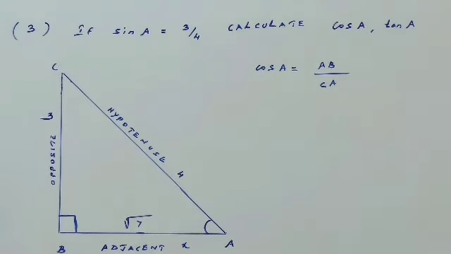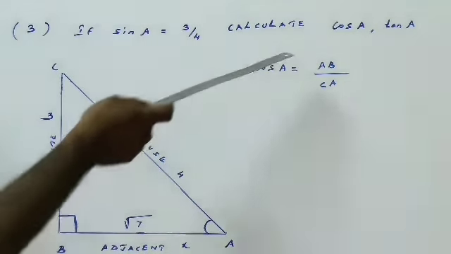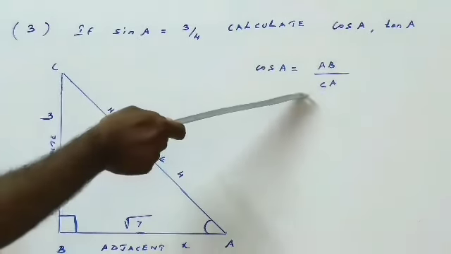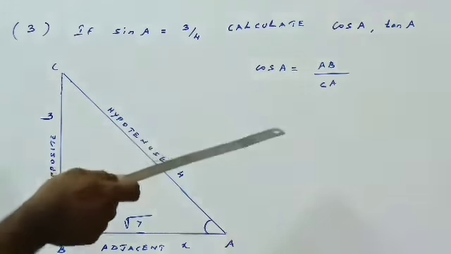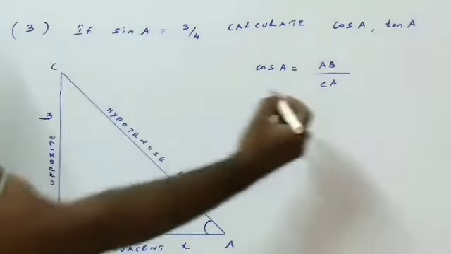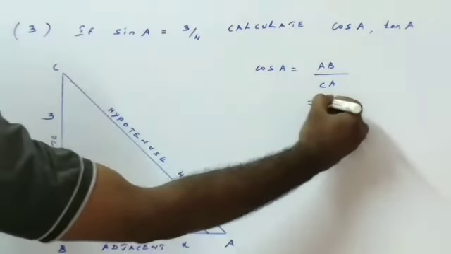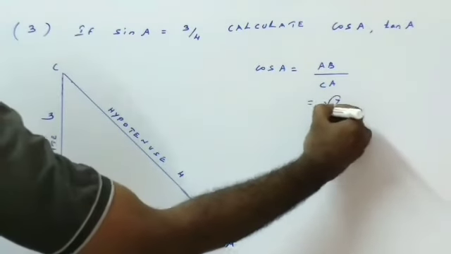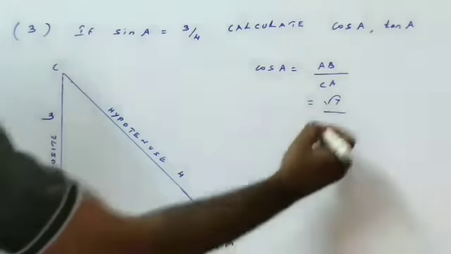Now the value of x equals root 7, that is the adjacent side. We want cos A, which equals adjacent side by hypotenuse side. The adjacent side is AB, the hypotenuse side is CA. So root 7 by 4, the side AB by CA. AB is root 7, for CA 4.